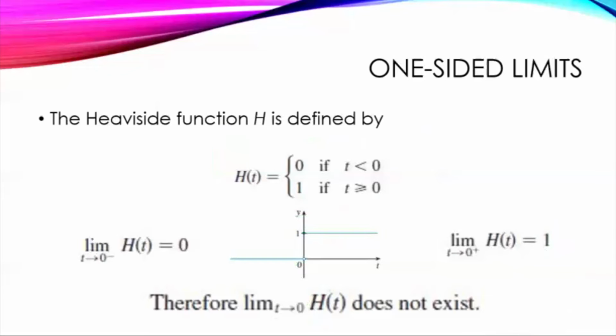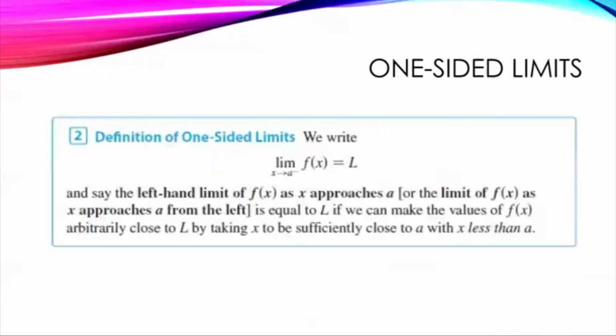Okay. Next is the definition of one-sided limits. We write the limit of f of x as x approaches a from the left. This symbol here means that we consider the values from the left of a.